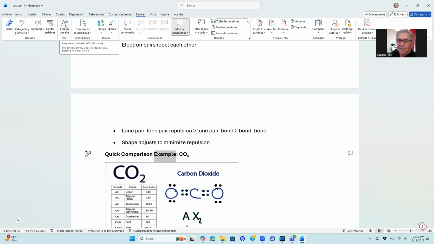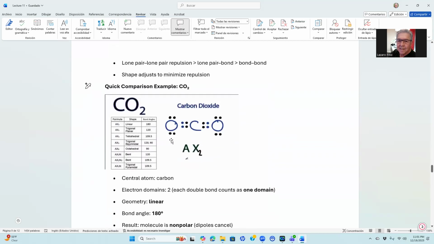Quick comparison example, CO2. Look at here. You have carbon dioxide. The central atom is carbon. Then you share the electrons as I showed you before. You make the double bond in order to explain that every atom is okay with the octet rule.